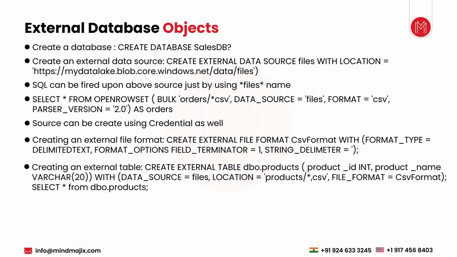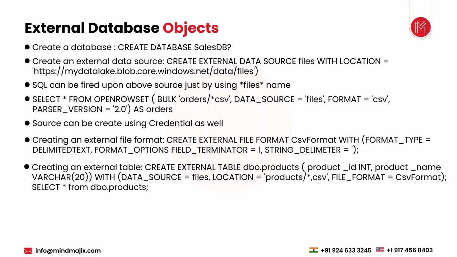And how do you create an external table for a result set? So the syntax is create external table, your schema name dot the table name, your columns along with the data types. So here product ID is of integer type, product name is of character, with data source, read it from the file's location, and what is the file you are creating.